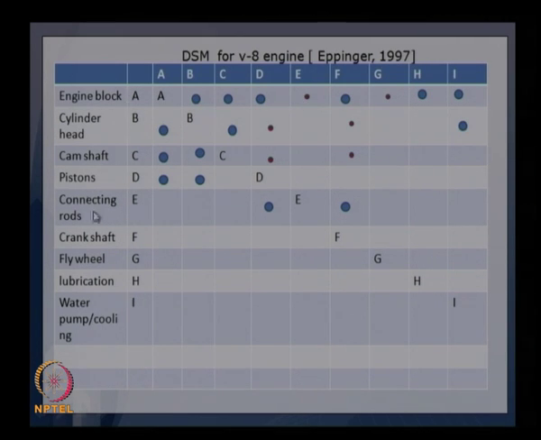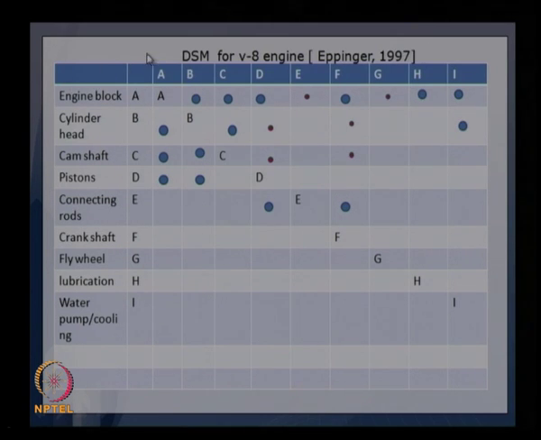Now, looking at these interactions, it will be possible for us to identify which blocks should come together, because a lot of data exchange is taking place. They need to discuss a lot between themselves to get the design successful. So, we will try to cluster them together and make them a larger group.